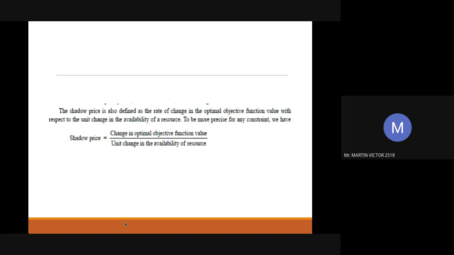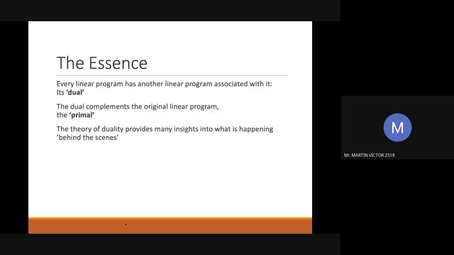Moving on, we have to understand the essence of this duality. Every linear program has another linear program associated with it, which is the dual problem. More importantly, the dual complements the original linear program, which is the primal.